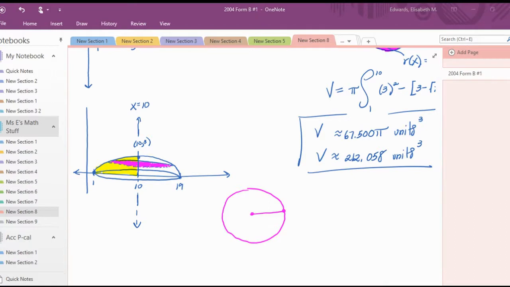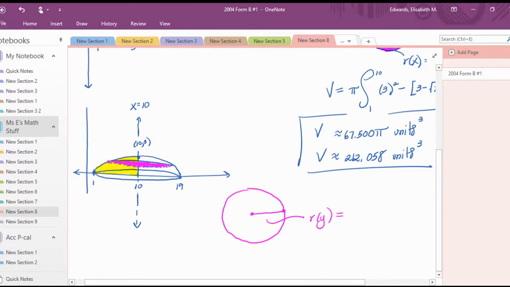This would be a dy integral, since your known circles there would be what you'd have to be slicing perpendicular to the y-axis in order to get those circles. So we need this radius here to be in terms of y. Okay, so let's figure that out.